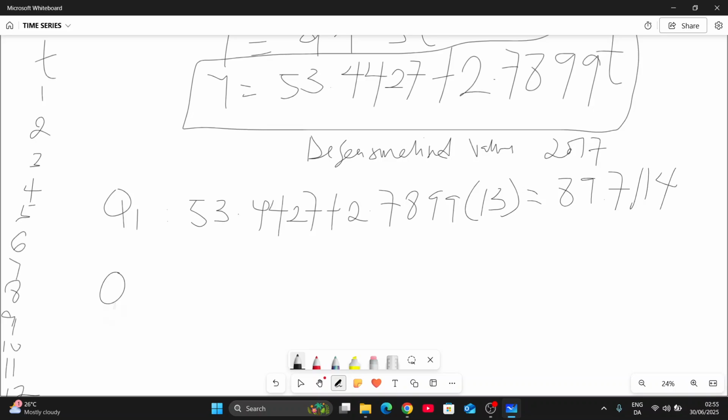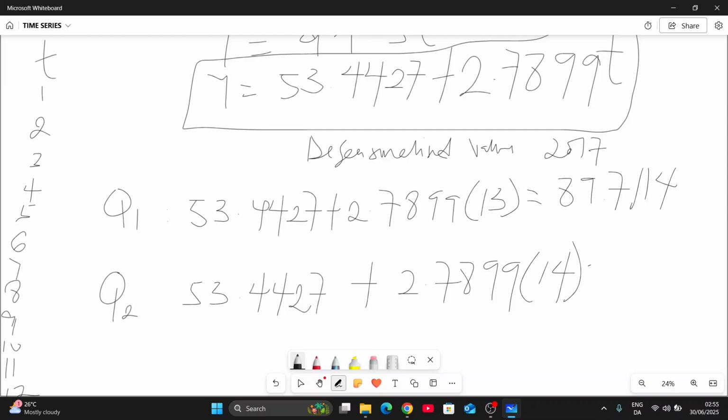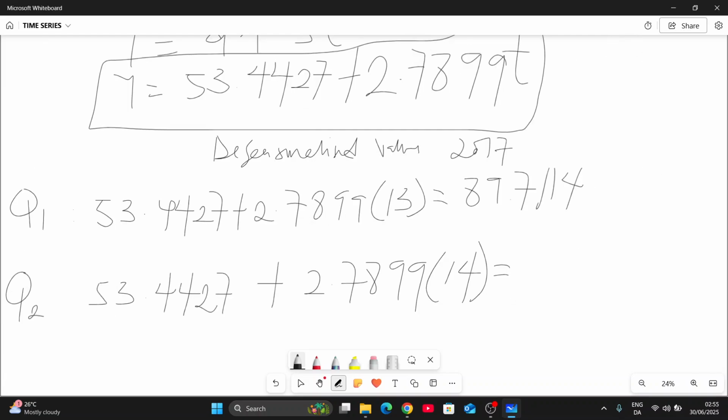And for quarter two, the same thing, 53.4427 plus 2.7899 times 14, which is giving us 92.5013.